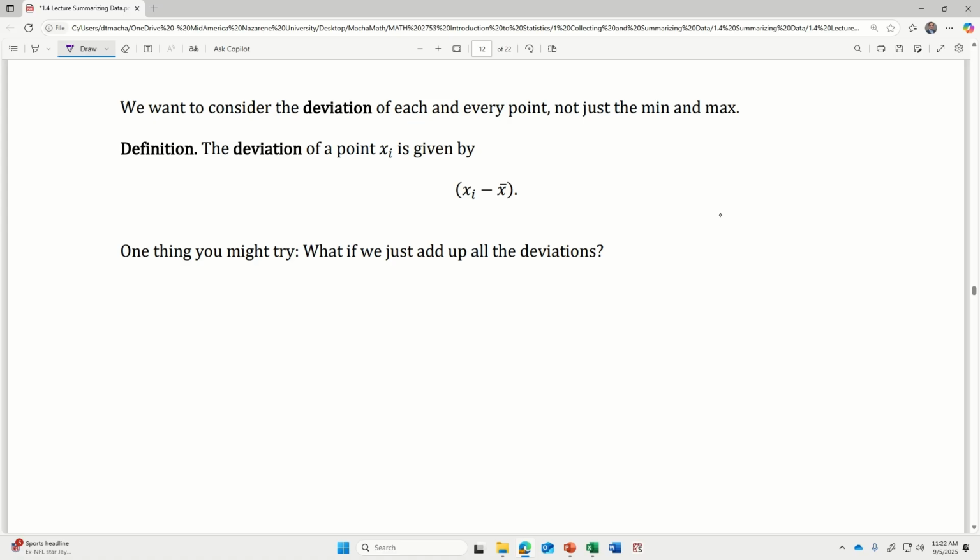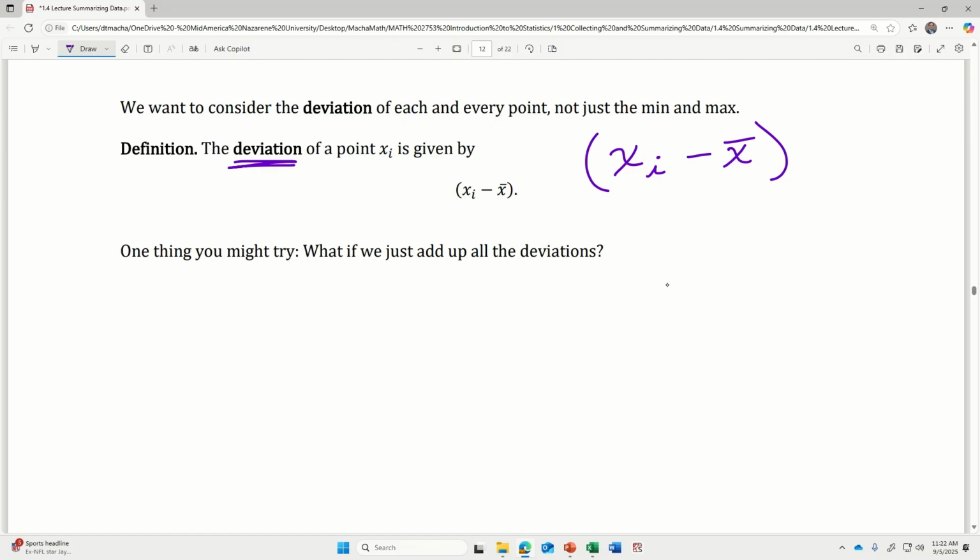The deviation is this. Take the measurement that you're looking at and subtract the sample mean. This is the definition of deviation. So every single measurement has a deviation. Every single measurement, we can see how far it is away from the mean. We can subtract the mean.